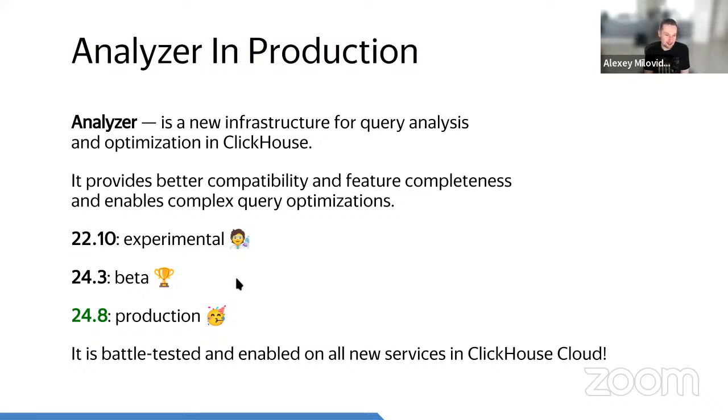We are confident about using analyzer in production. It is battle tested. It has been enabled in ClickHouse Cloud for all new services by default, and it works perfectly. So now we are confident about this new infrastructure.